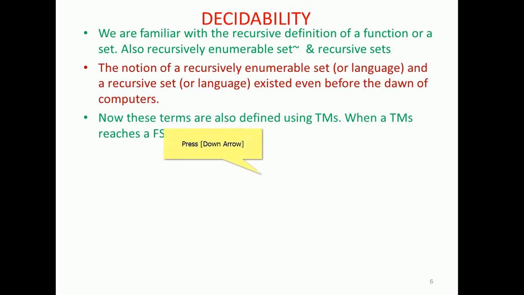Now these terms are also defined using Turing machines. TM is a Turing machine. When a Turing machine reaches the final state, it halts, right? So recursive sets and recursively enumerable sets are also exercised by employing a Turing machine. So devise a Turing machine for the particular problem.